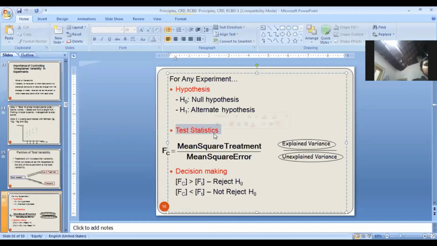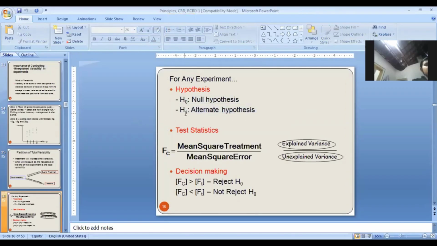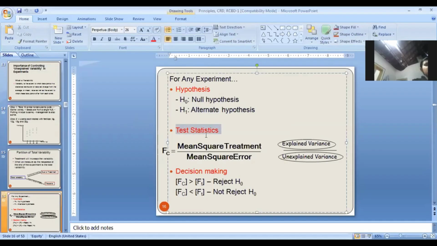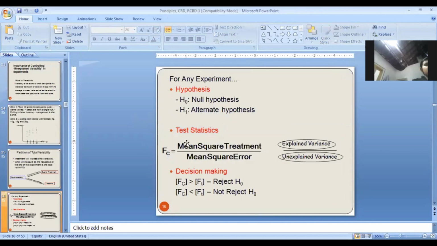Based on the test statistics only, we make a decision whether we accept or reject the null hypothesis. So to make that conclusion, we have to formulate our test statistics. In this experimental unit, the test statistics is based on our F distribution, we know what is F distribution. It's not a normal distribution, it is a skewed distribution.